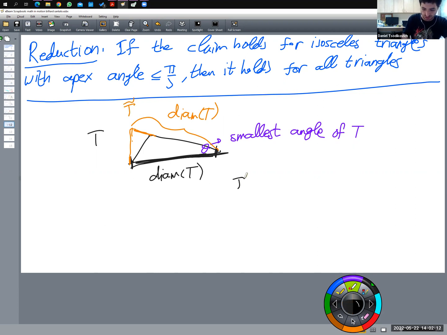So now T is contained in T tilde, which is an isosceles triangle, and its apex angle is theta, which is at most pi over 3 because it is the smallest angle of T. And they have the same diameter.